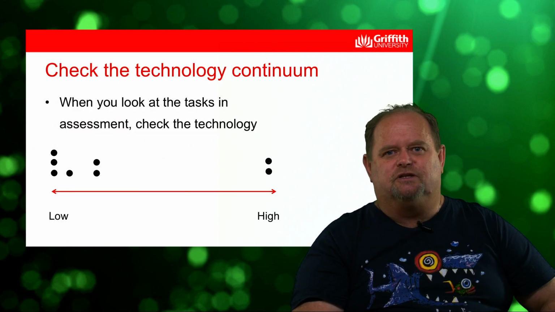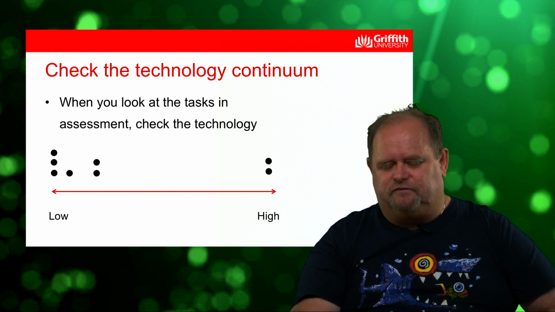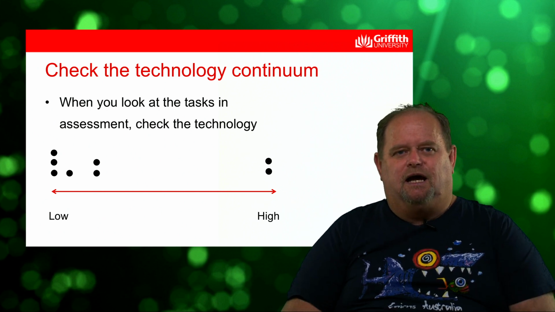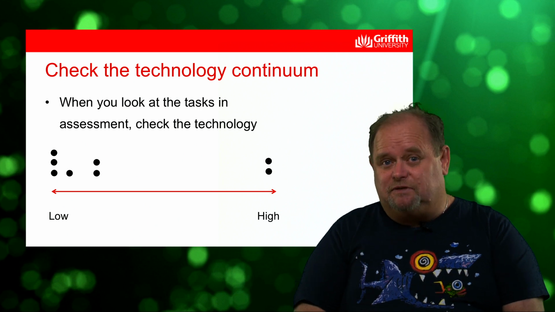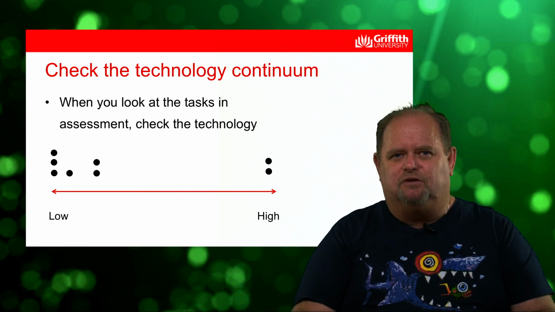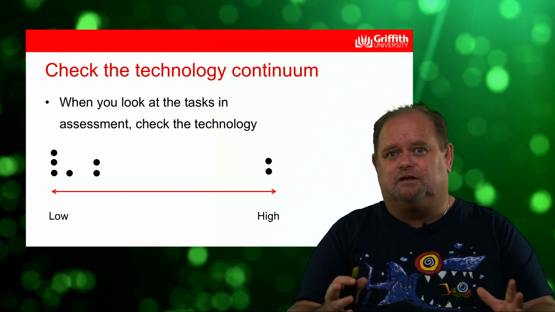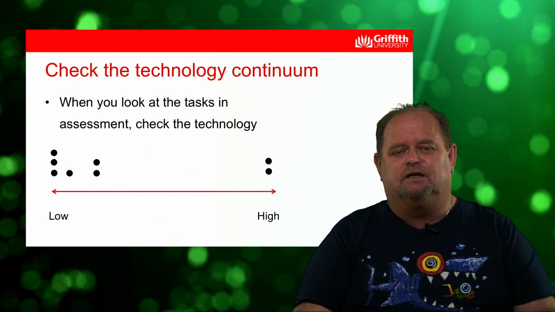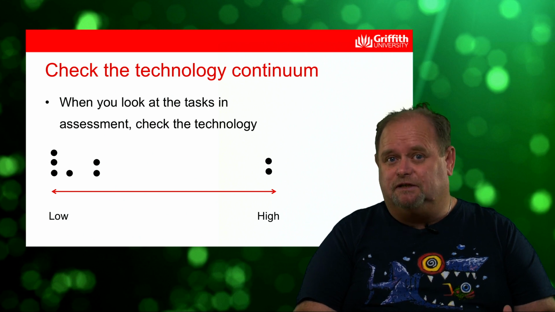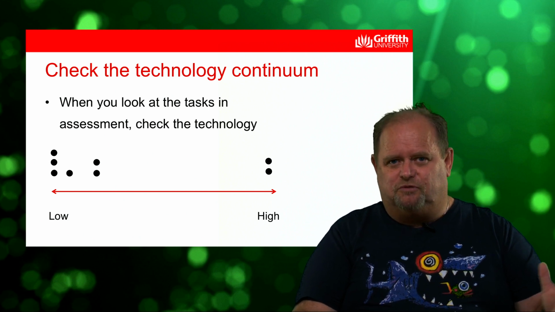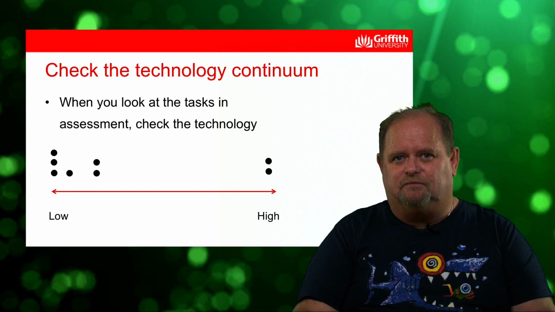One of the things that I have done for quite a while now, when I'm doing assessment tasks, is just do a little check-in. This particular criterion here is technology. I also do it for initiative and application.